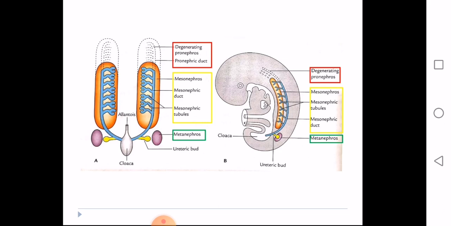So can you see in this diagram? Can you see one red box, one yellow box and one green box? The red box is labeling the pronephros. The yellow box is labeling the mesonephros, and the green box is labeling the metanephros.